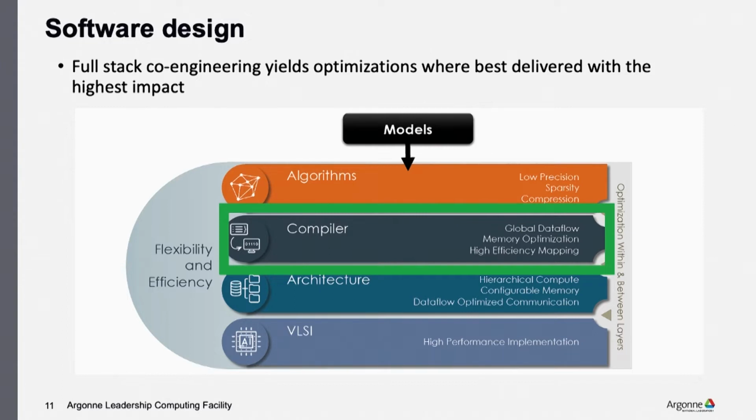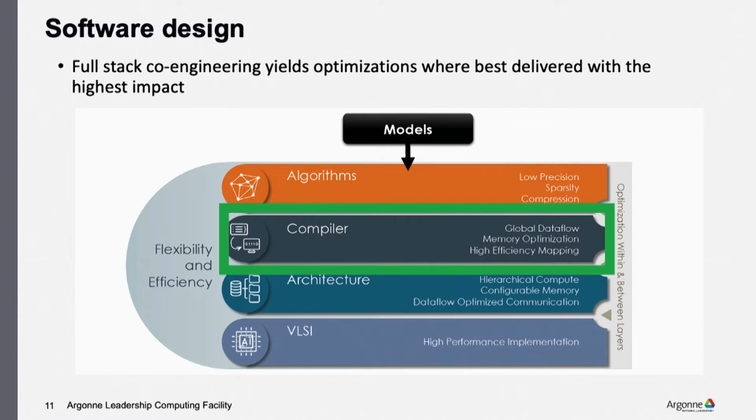And for the compiler, we have a global data flow compiler. It also has memory optimization to use the memory on the RDU very efficiently, and it also has a highly efficient mapping algorithm to map your real model to the real hardware. So this is the compiler, and this is the architecture.